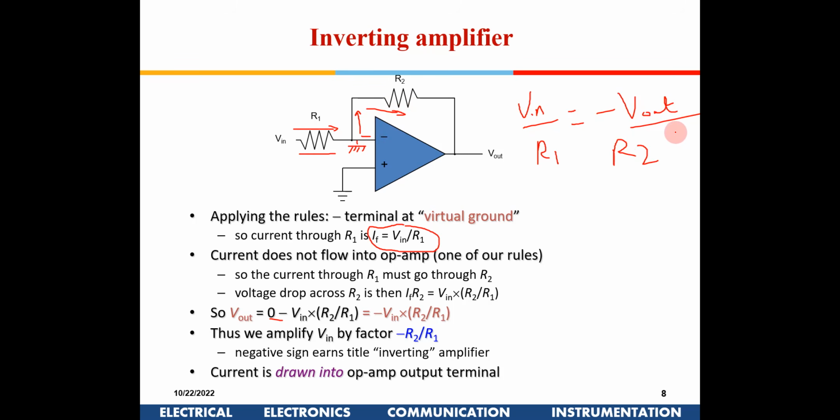So if I write V out over V in, it will become minus R2 by R1.